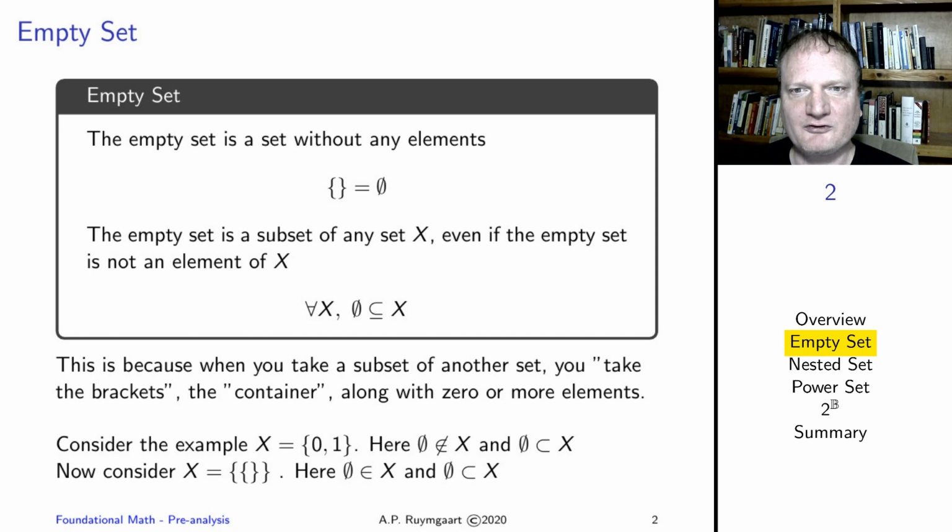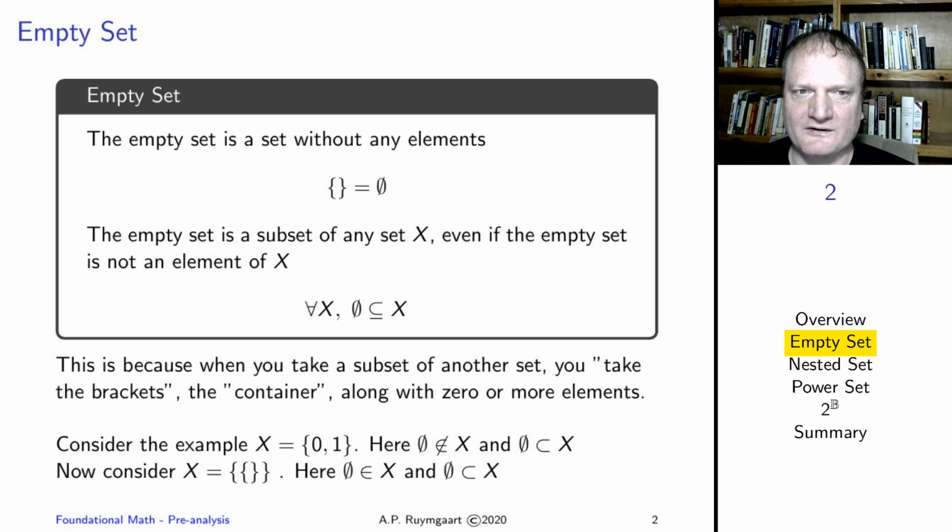Now, a special property of the empty set is that it is a subset of any other set X, even if the empty set is not an element of that set. Let's think about that for just a moment. The reason for this is when we take a subset of a set, we take the container, or the brackets, along with 0 or more elements of that set.